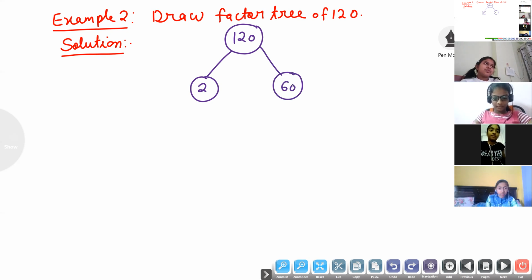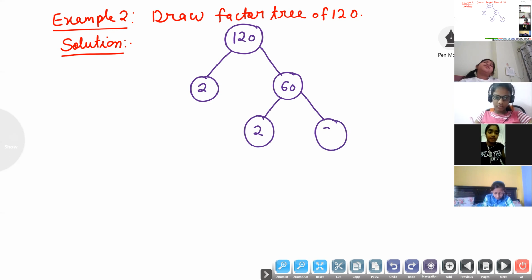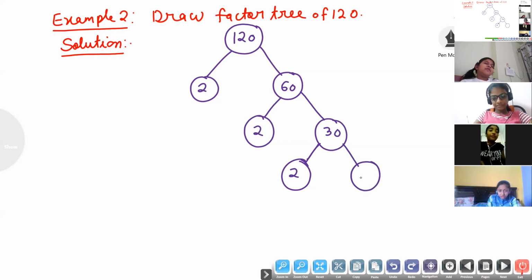Again 60 divisible by 2 or not? Yes. What answer will come? 30. Again I want to check 30 divisible by 2 or not? Yes. What answer will come here? 15. Again 15 is divisible by 2 or not? No, because the ones place digit is 5.